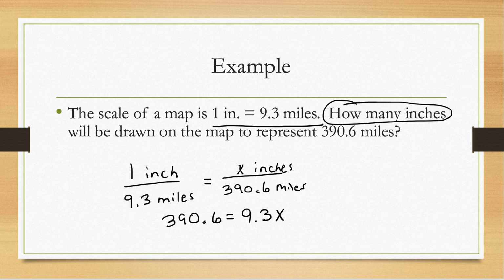So we need to get rid of this 9.3. I'm going to divide both sides by the 9.3. That'll make it cancel here and leave me just x. Then I'm going to go to my calculator with what's left. 390.6 divided by 9.3 gives me 42. All right, so my answer to this one is going to be 42 inches.